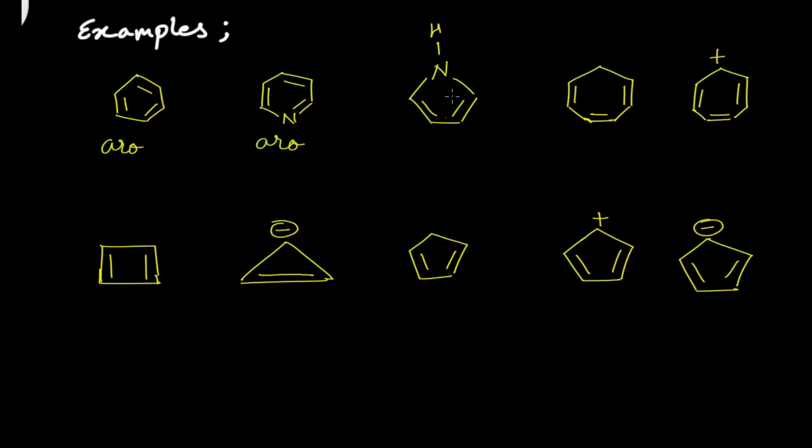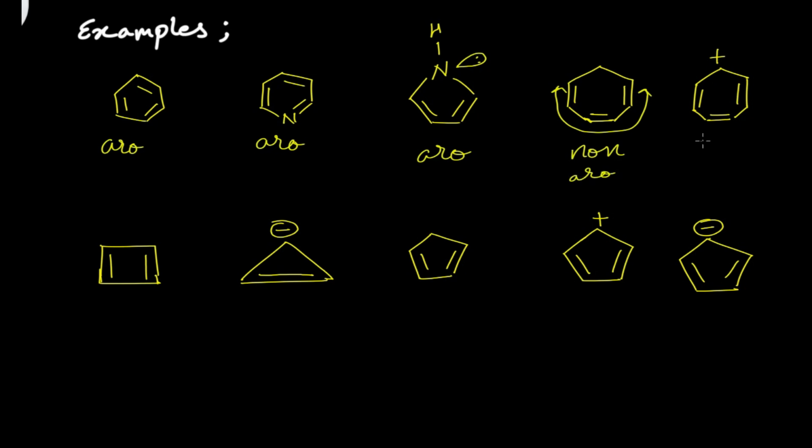The third one, now there is a lone pair of electrons, which is parallel to the pi bonds, these two pi bonds. So conjugation will be there. So this is also aromatic. Now look at this one. This is a 7-membered ring. These 6 carbons are in conjugation, but the upper one is not in conjugation. This is non-aromatic.